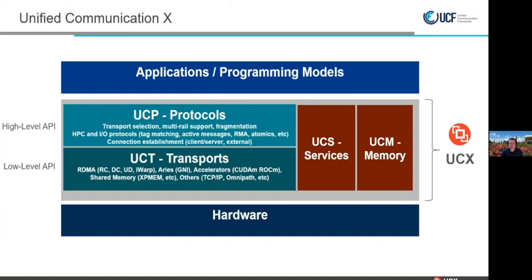Am I doing active messages or tag matching? And then also setting up the initial connection. And then again, UCT focuses on the lower level interface to devices. You'll see here, CUDA, ROCm, Cray interconnects, and then things like traditional InfiniBand and TCP/IP.